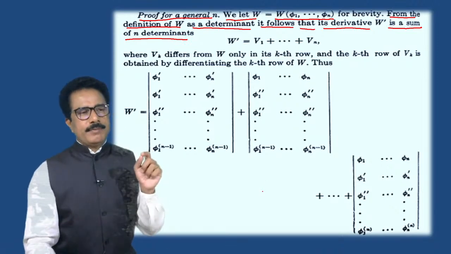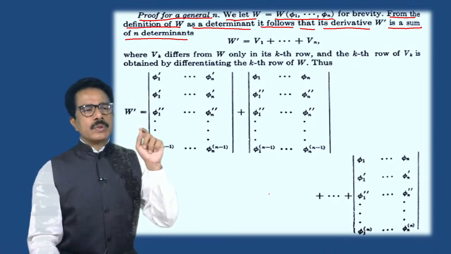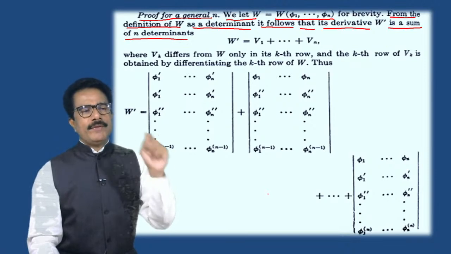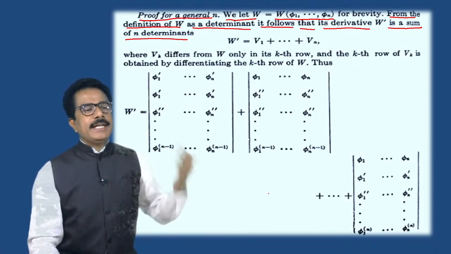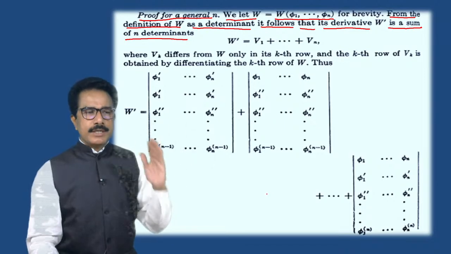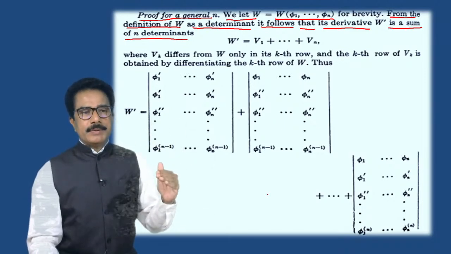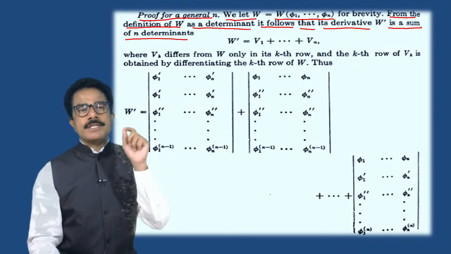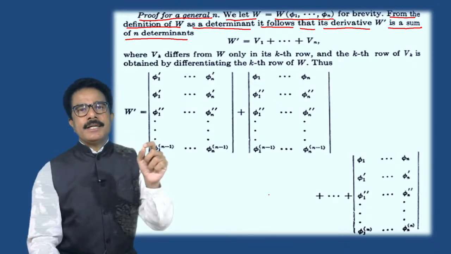Now see this, W is the Wronskian of phi 1, phi 2, phi 3, up to phi n, and W dash is the derivative, which equals the sum of n determinants.